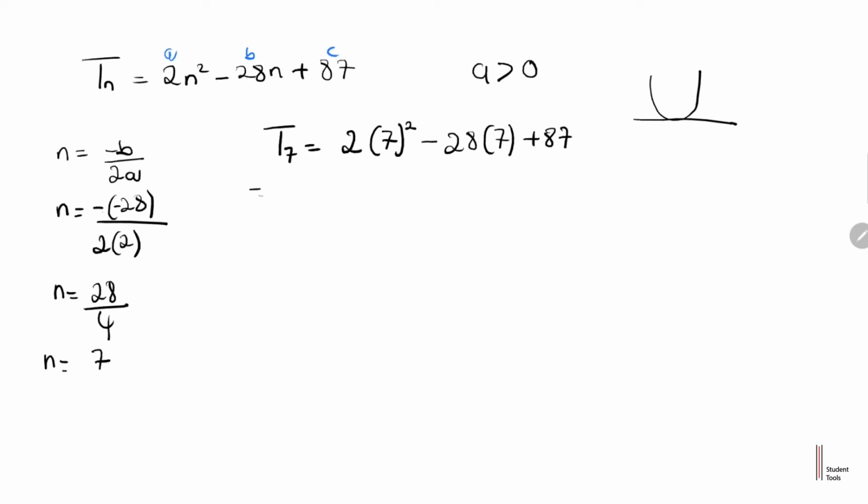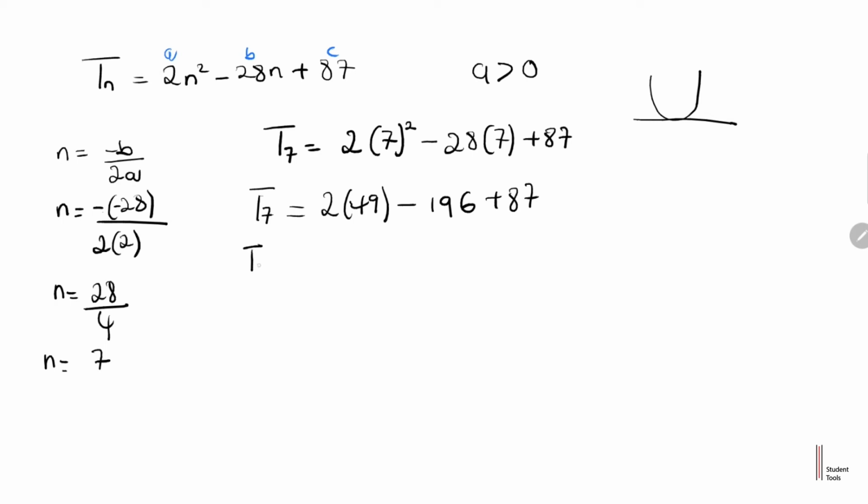So term number 7, which is the smallest term, 2 multiplied by 7 squared, that is 49, minus 28 multiplied by 7, that is 196, plus 87.